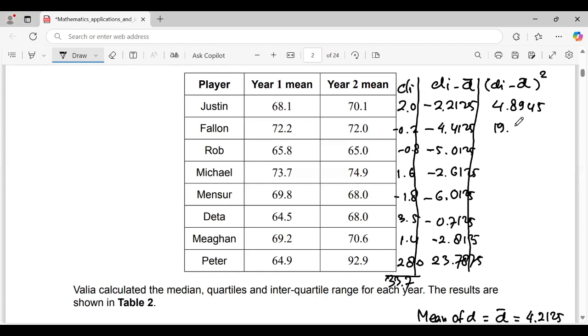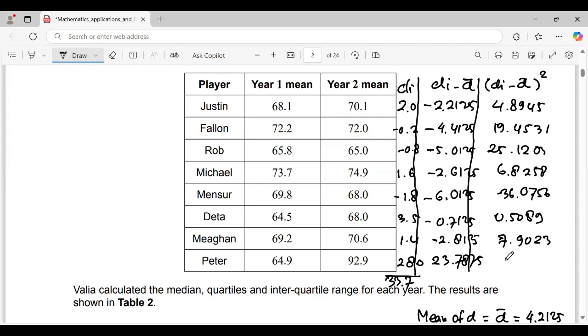After that, 19.4531, 6.8258, 36.0756, 0.5089, 7.9023, and 565.6189. If you calculate all these numbers, the result is 667.3984.